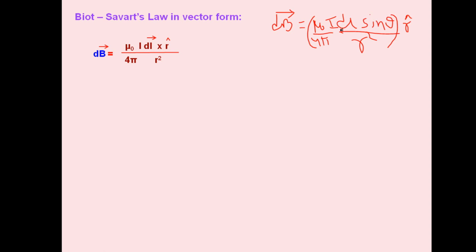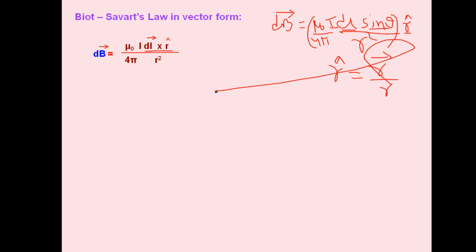Now in this expression dl sine theta and r cap, we are using the cross product concept. So dl and r will be in cross product. The same thing we have represented here. dl vector and r cap are in cross product now, and sine theta is merged with the expression. Now another thing, r cap can be written as r vector divided by r.